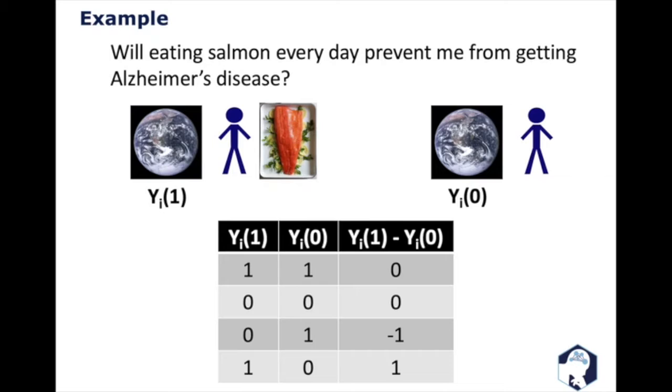So here are some scenarios if I could observe both of these potential outcomes of me eating salmon and not, as well as the difference between the two, so the causal effect.